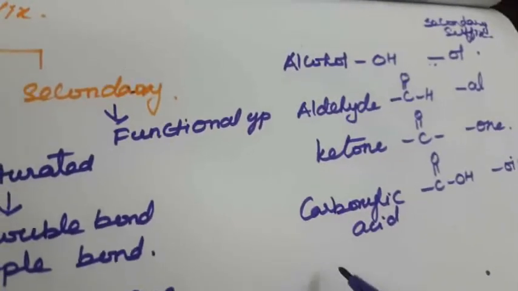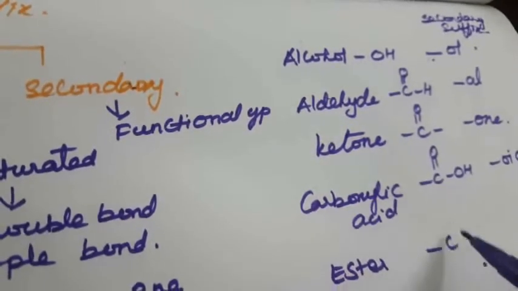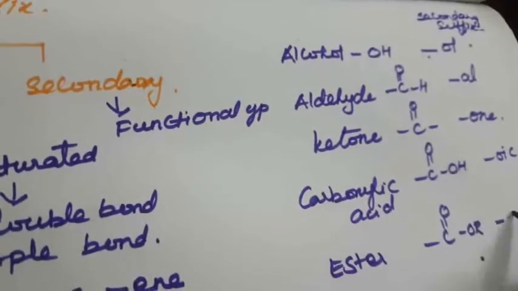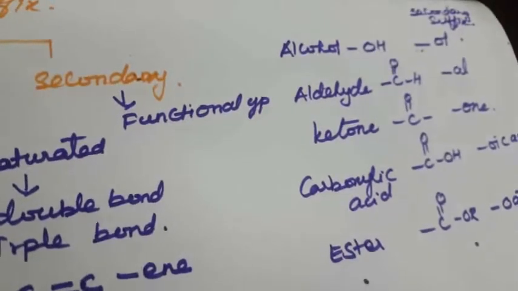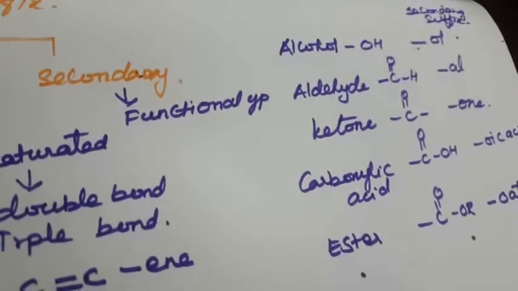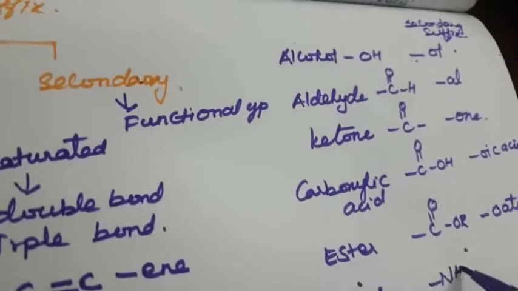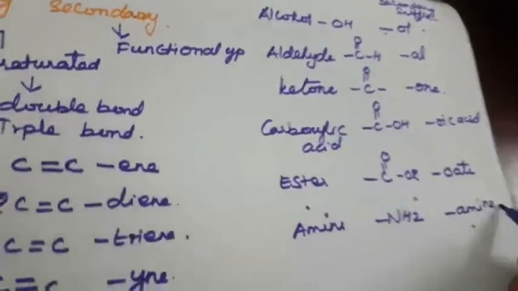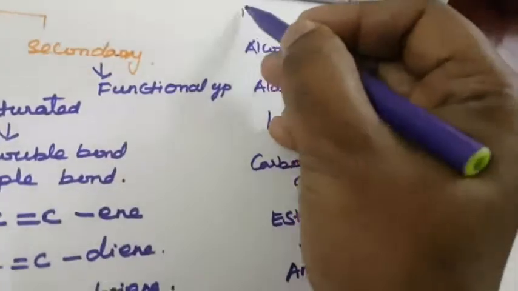Then ester, the functional group is C double bond O, OR. That is -oate: alkanoate, ethanoate, methanoate. Amine, the functional group is NH2, and the suffix is -amine. So these are all the secondary suffixes, the functional groups.